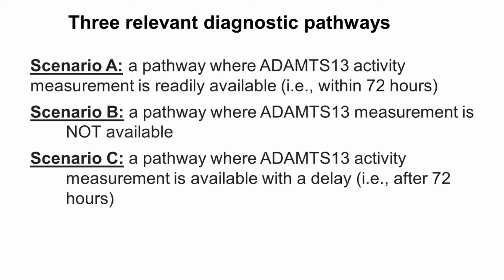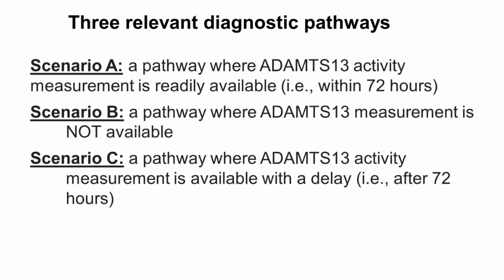So the panel has decided to look at the three relevant diagnostic pathways, all around the importance of having an ADAMTS13 measurement. Scenario A will be a pathway where ADAMTS13 activity measurement is readily available, usually within 3 days.